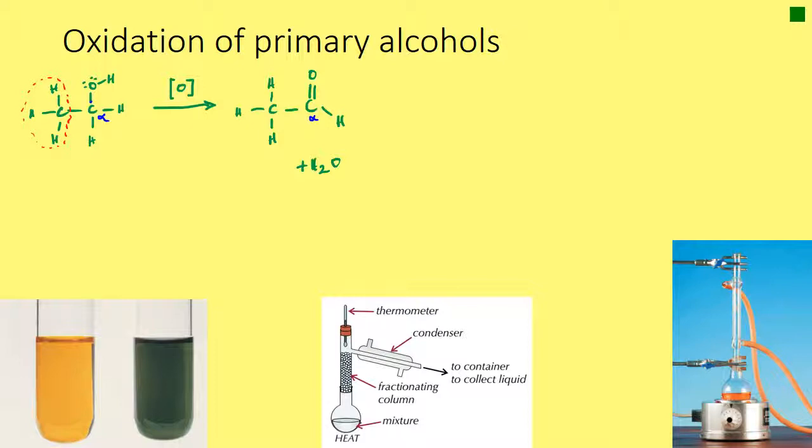So we're going to first of all draw in our electrons that are in these covalent bonds. Okay, and from electron transfer theory, we know that carbon is going to lose the electron to oxygen because oxygen is more electronegative.